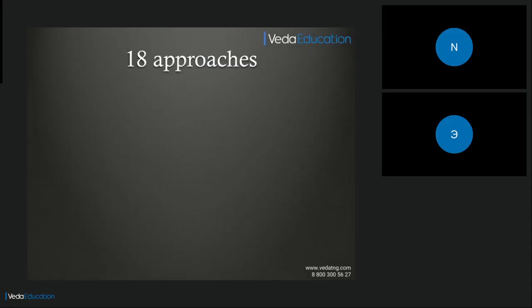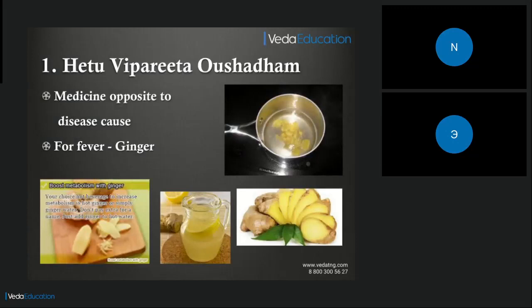And in that Samprapti approach, we have innumerable methods of therapy. But for understanding and learning purposes, there are at least 18 approaches in the therapy. So today I will try to go through these 18 things, very interesting.